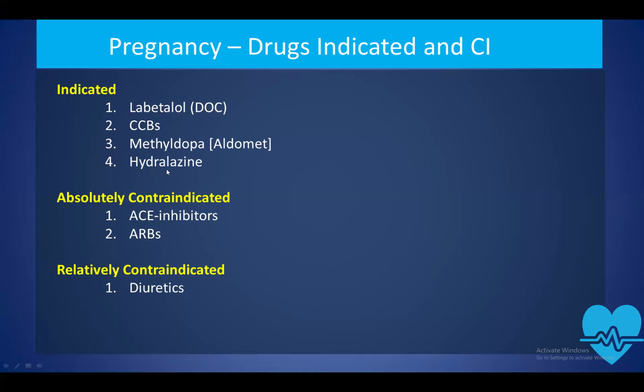Hydralazine is not used for chronic management of hypertension. ACE inhibitors and ARBs are absolutely contraindicated in pregnancy because they can damage the fetal kidneys. And diuretics are relatively contraindicated because they decrease plasma volume, which can then decrease placental perfusion.